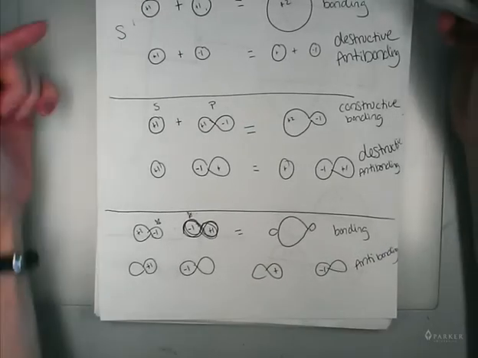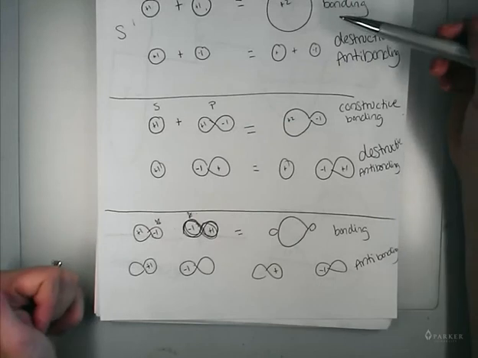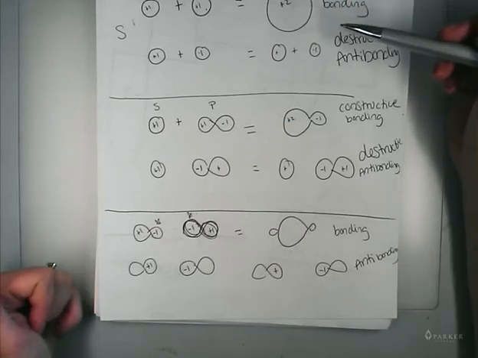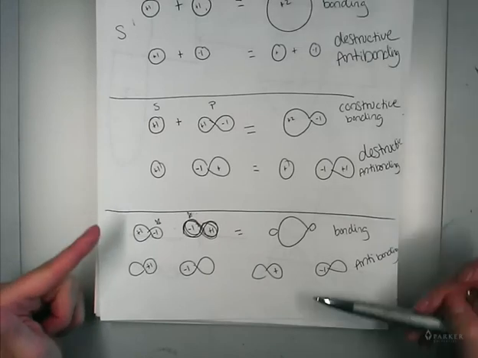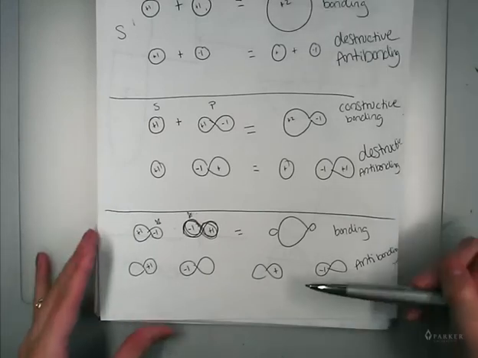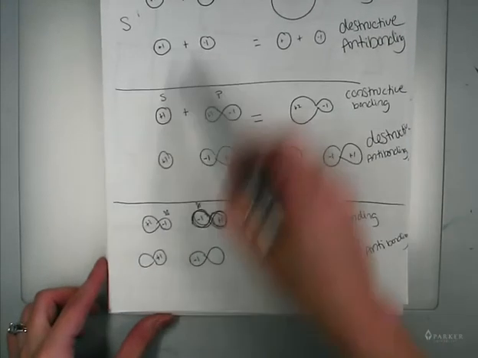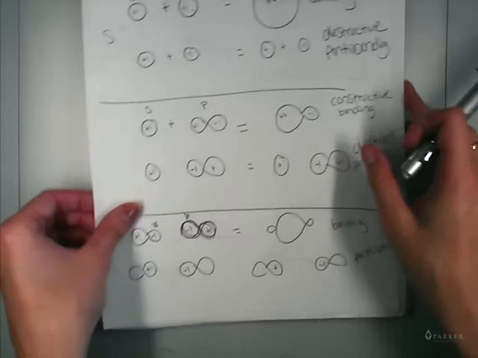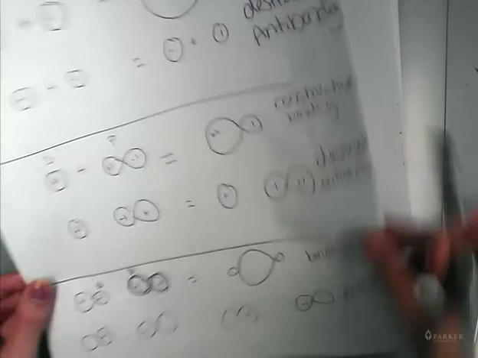Okay, so what we're going over right here is the understanding. This is sort of defining what these are. So these are all of the ways you can make sigma bonds. I could ask you about this. I could say, list a lot of different interactions and say which one is a constructive sigma bond.